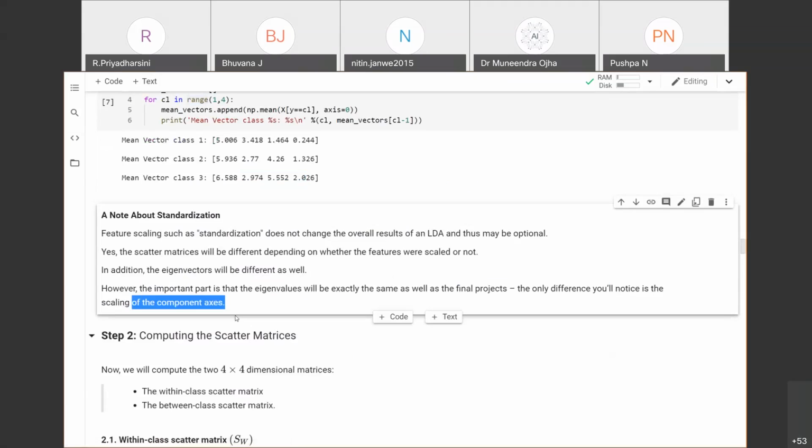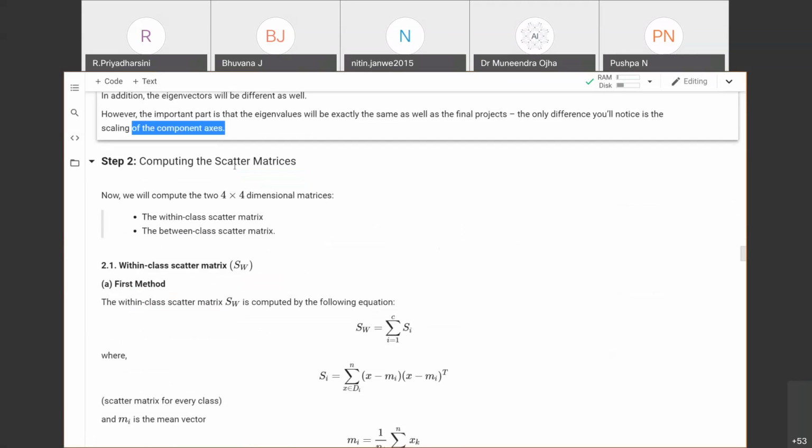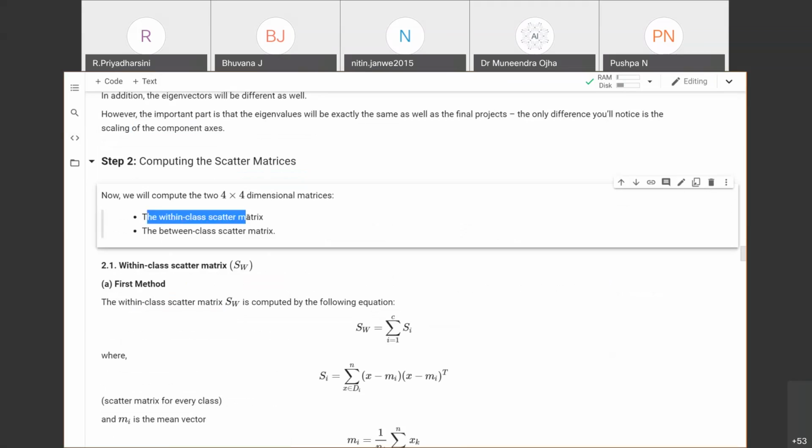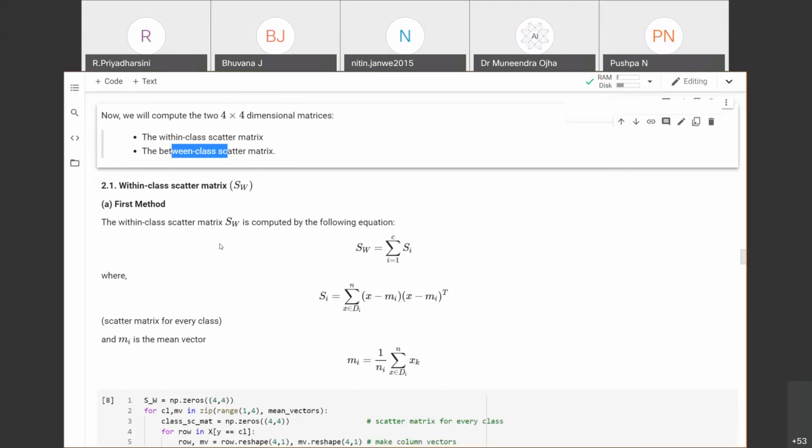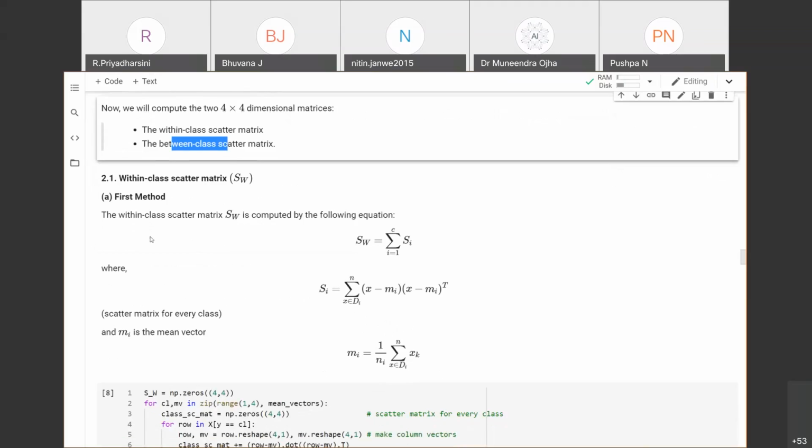So the second step is computing the scatter matrix. For this, we will compute two scatter matrices, the within class scatter matrix and the between class scatter matrix. For the within class scatter matrix, we have two methods.